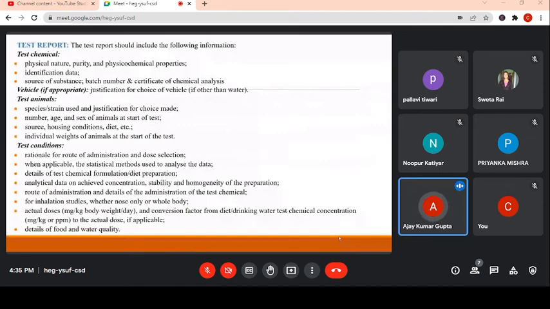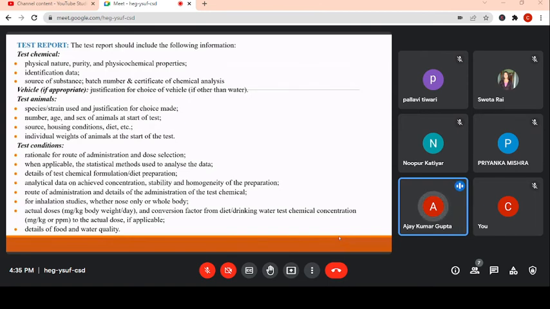The test animals: the species or strain used and justification for the choice you made for a specific strain or specific species of animal. Number of animals, age and sex of animals at the start of test. Source from where you obtained the animals, the housing condition, the diet, etc. Individual weight of animals at the start of the test, at the end of the test, and during the test.